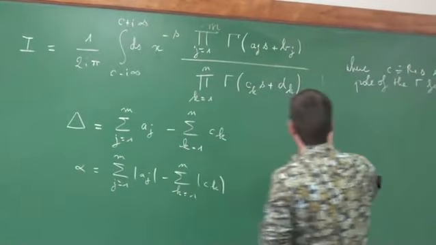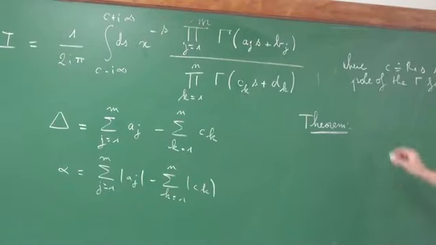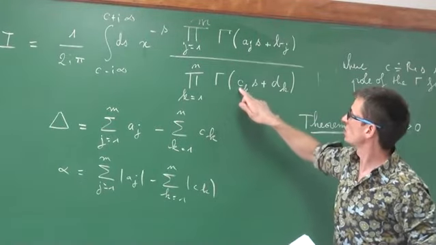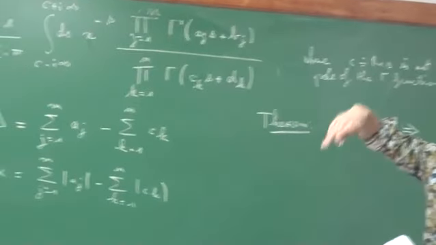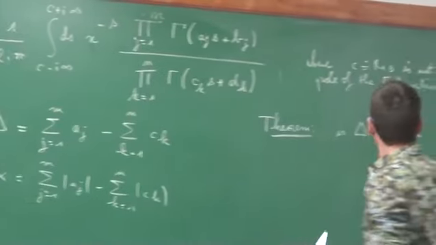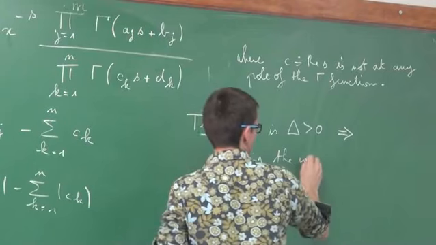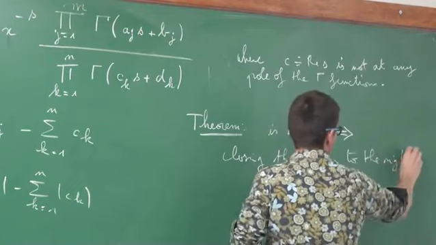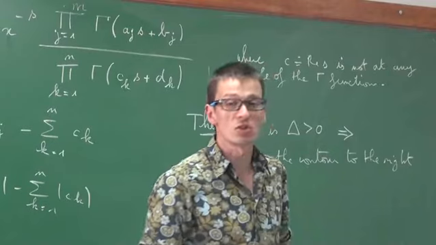Now, there is a theorem that says that if delta is positive, once we're looking for this result, then if you close the integration contour to the right, you get a diverging asymptotic expansion.